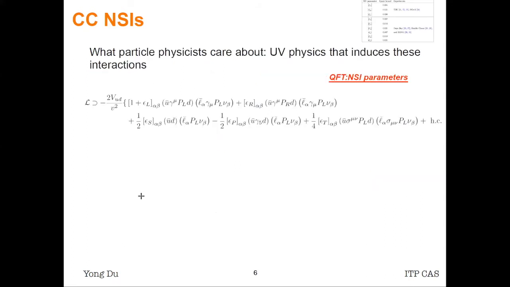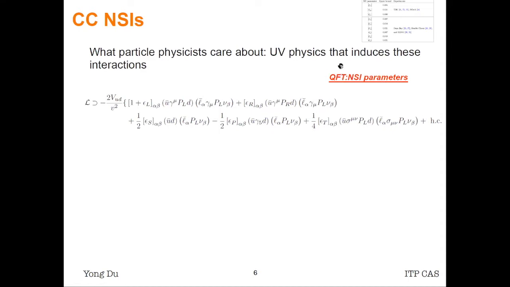So to answer this question, perhaps as particle physicists, we are more familiar with the Lagrangian language in the QFT framework. Since the neutrino oscillation experiments are performed at a very low energy scale, the system can be described by this effective Lagrangian, where the effects of new physics are encoded in these epsilon_L, epsilon_R, epsilon_S, epsilon_P, and epsilon_T parameters, which are usually called the NSI parameters in the QFT formalism.